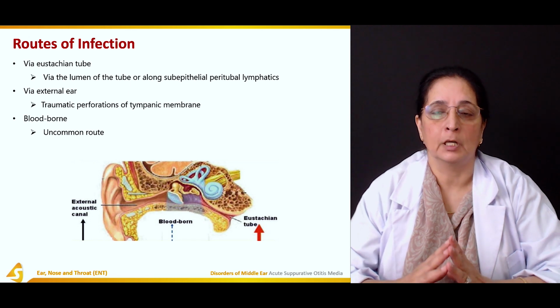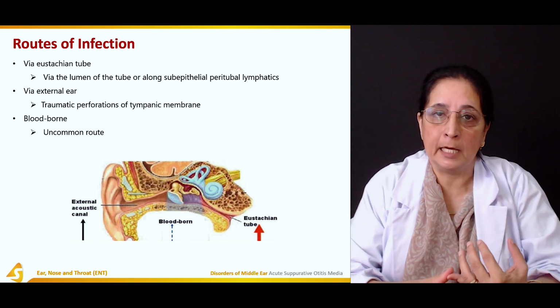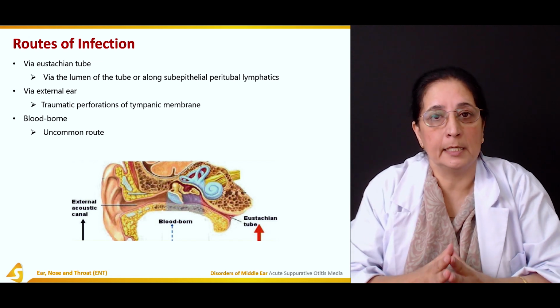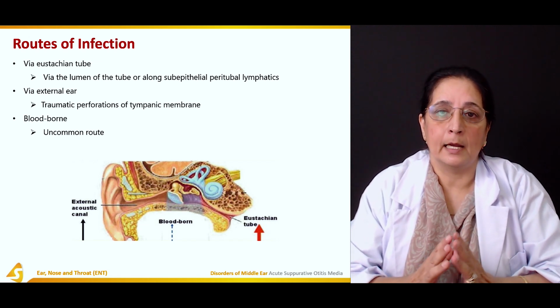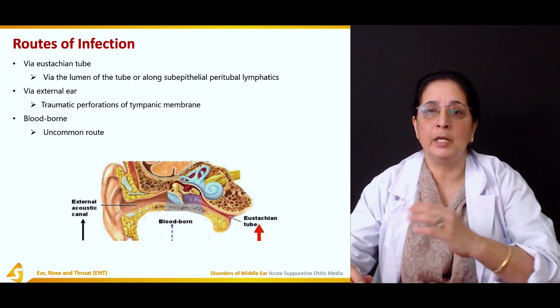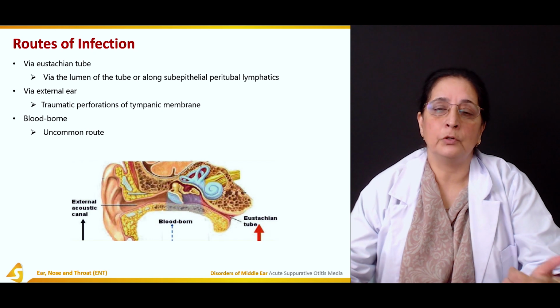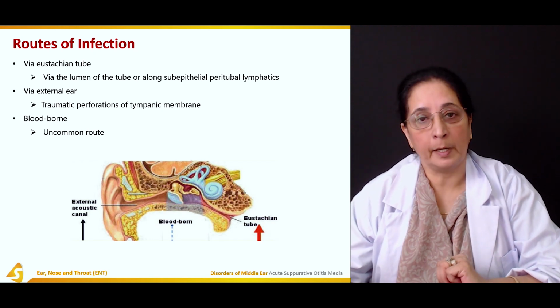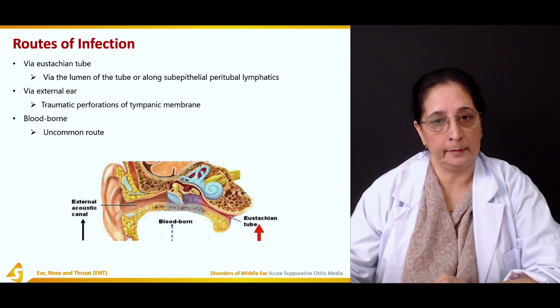So mainly through the tympanic membrane and the external auditory meatus or canal, and uncommon is the blood-borne. Of the three routes of infection, two are common: the eustachian tube and the external auditory meatus.